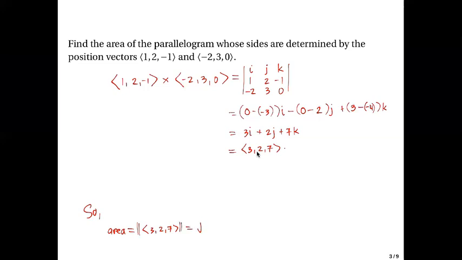This is equal to the square root of 3 squared plus 2 squared plus 7 squared, or the square root of 9 plus 4 plus 49. If you add them, 9 plus 49 is 58, plus 4 is 62. So this is equal to the square root of 62.